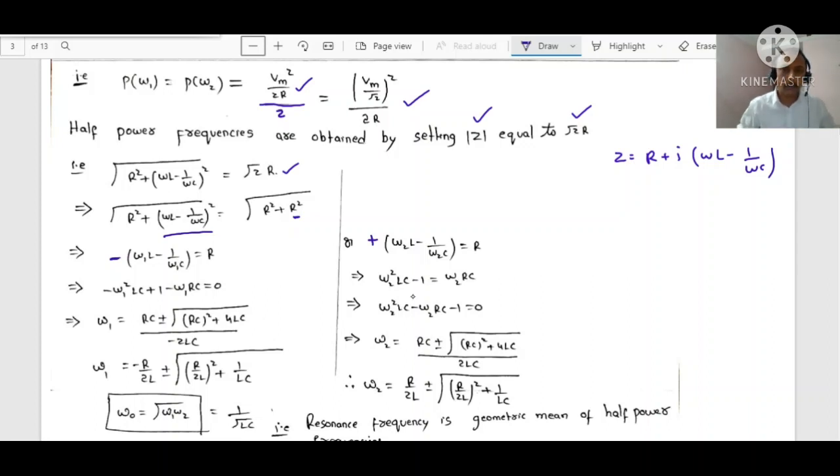And for the positive sign, please take omega 2.